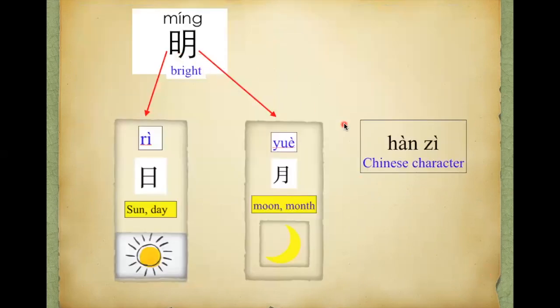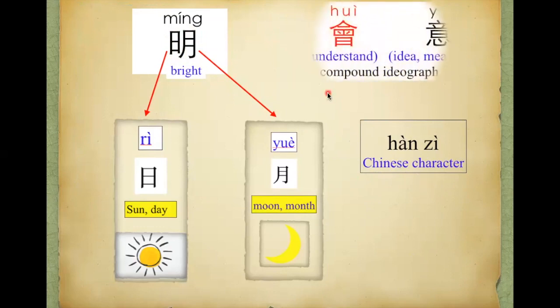And the 汉字明 has a component or radicals, the left and the right combined together. This is a second way Chinese create their 汉字. We call this 会意. 会意 hui to understand.